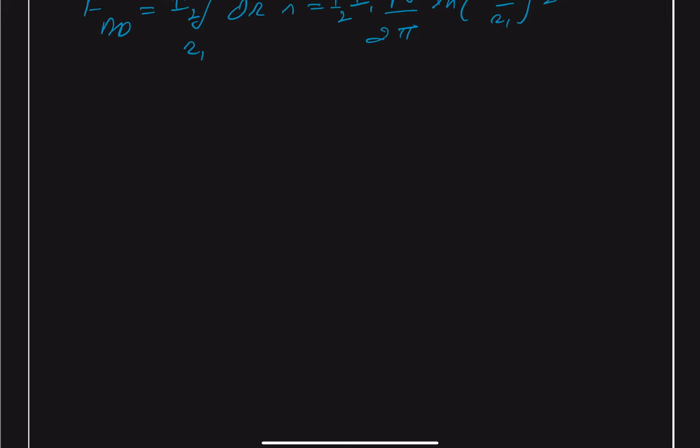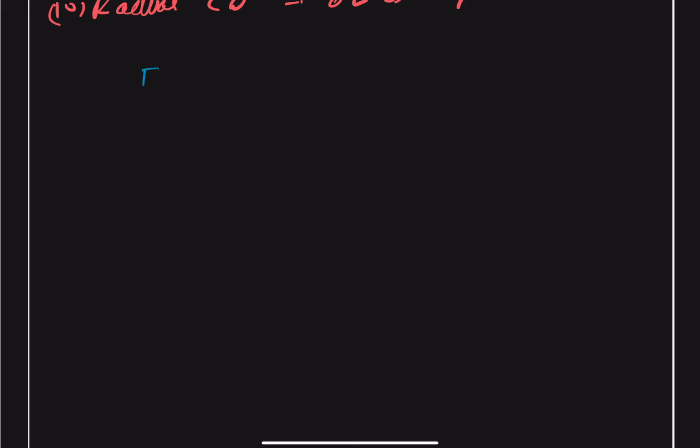The fourth part is the radial segment CB, and here dl is along the unit vector r, and similarly we can write that FCB will be equal to minus I1 I2 mu naught upon 2 pi natural log R2 by R1 along the Z unit vector.